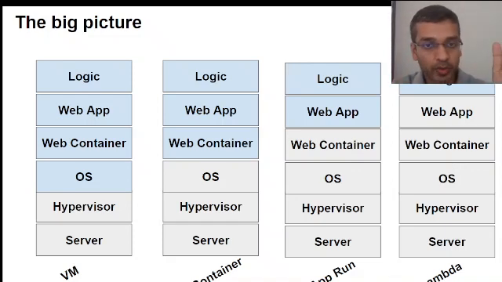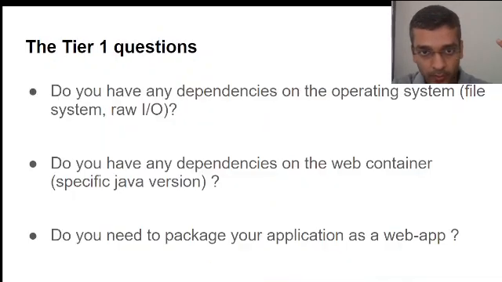With that out of the way, when you want to make a selection of a platform, the first question you need to answer is what kind of dependencies do I have? Do I have a hard constraint on any of the layers? This is what I'm calling tier one questions.